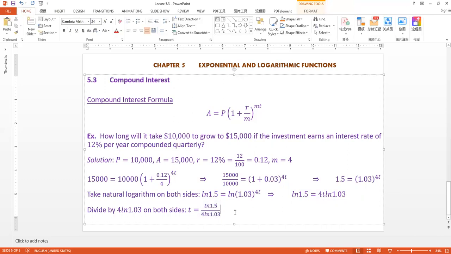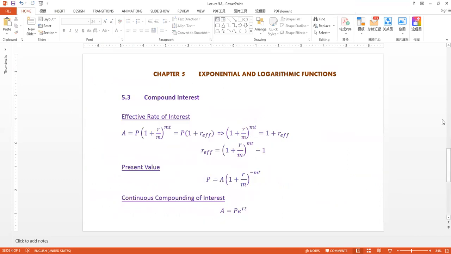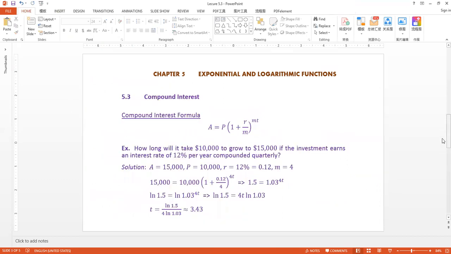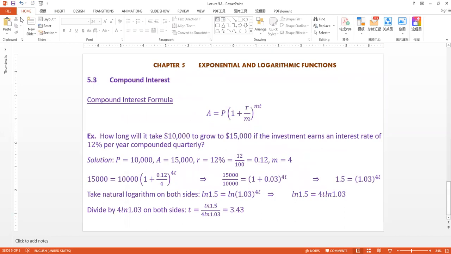If we use a calculator to do the computation, I believe it's 3.43. So that's the answer, 3.43. That's what we got before. So that's the answer.